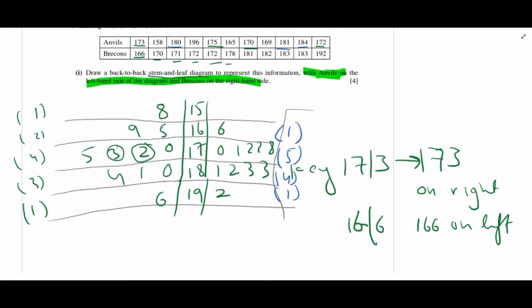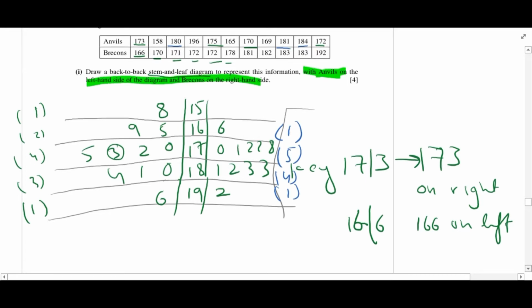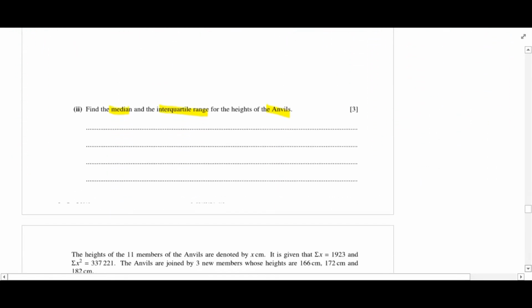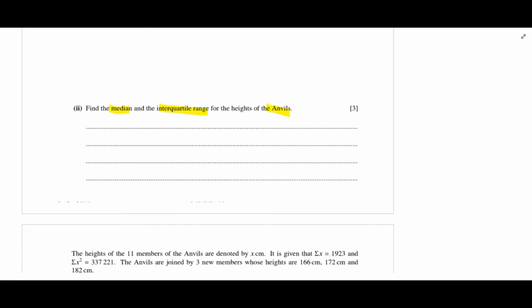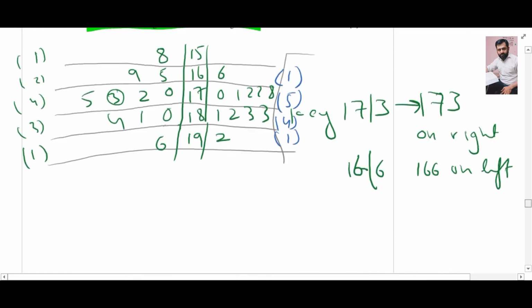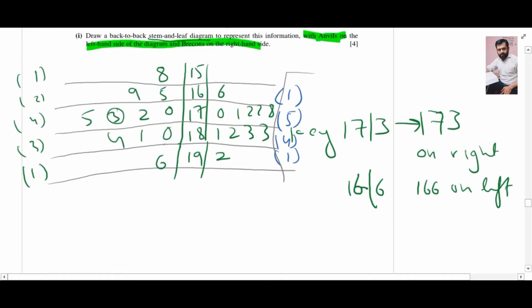This is our 5th time. This is 6th time. 1, 2, 3, 4, 5. So the median would be that term, 3. Just count the boxes, and write median is equals to 3.